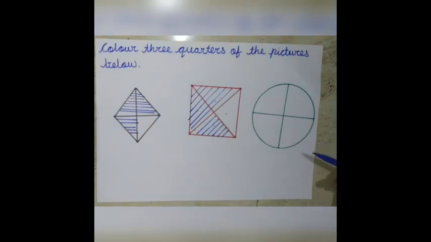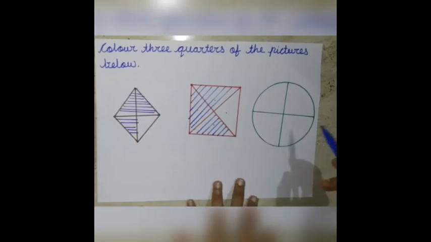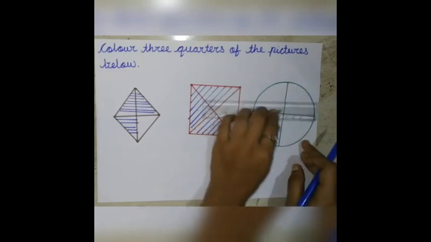Next is roti or circle. So children, we have to color 3 quarters, which means 3 equal parts. So we can color any 3 equal parts.